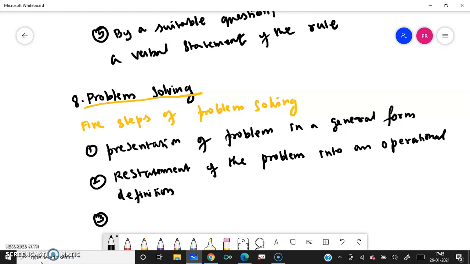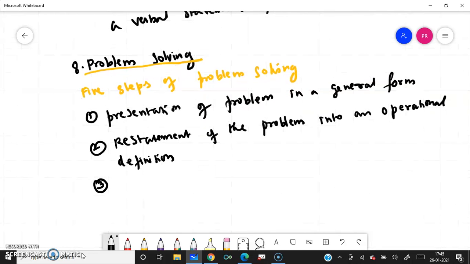Restatement means the child states the problem, whatever is given, in his own words: the data given and what we are supposed to find.